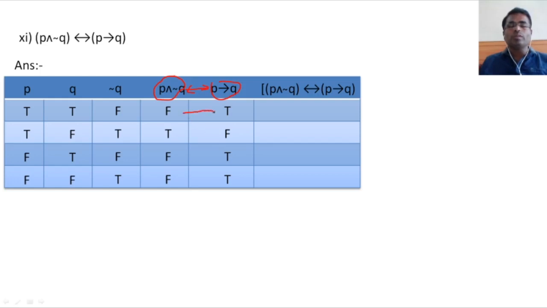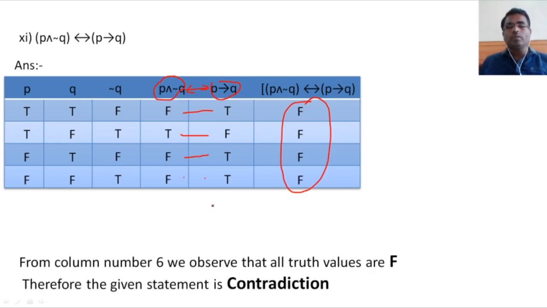So for false, true it is false, for true, false it is false, for false, true it is false, for false, true again it is false. So the resultant statement contains all F's, therefore it is a contradictory statement. So it is a contradiction.